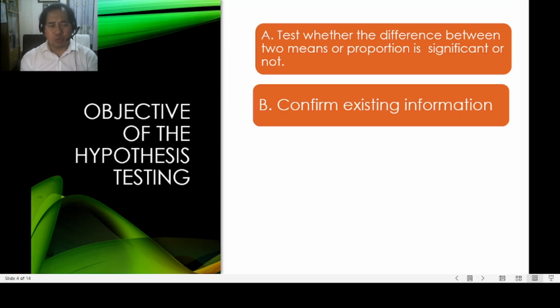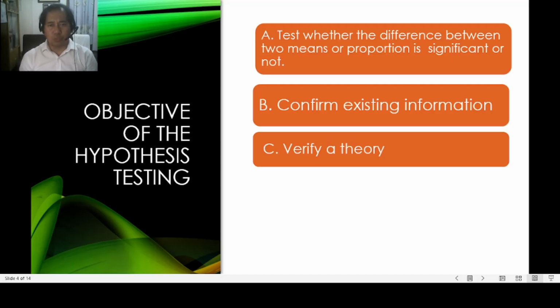There is information before that is actually true, but when we apply it today, it might not be true. So we are going to confirm if this information will still be applicable in today's research. If we confirm the existing information, that is the same as also verifying the theory.